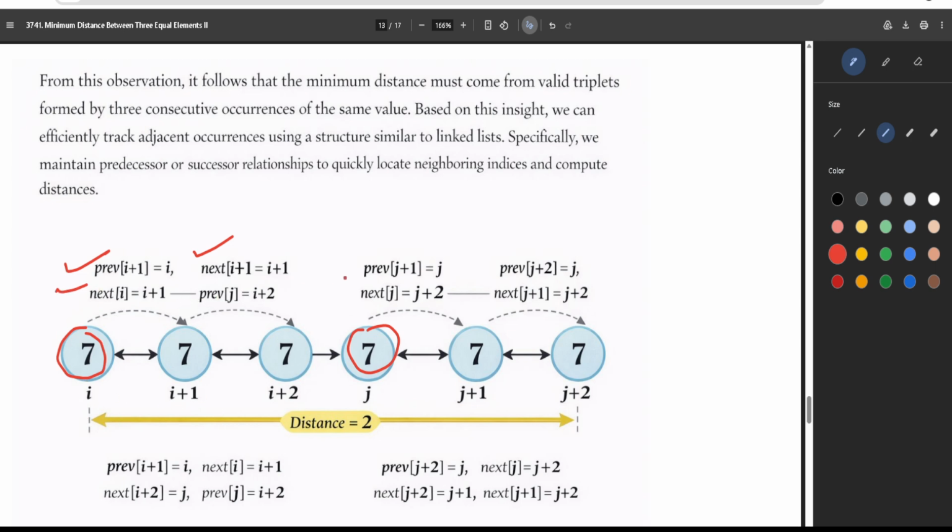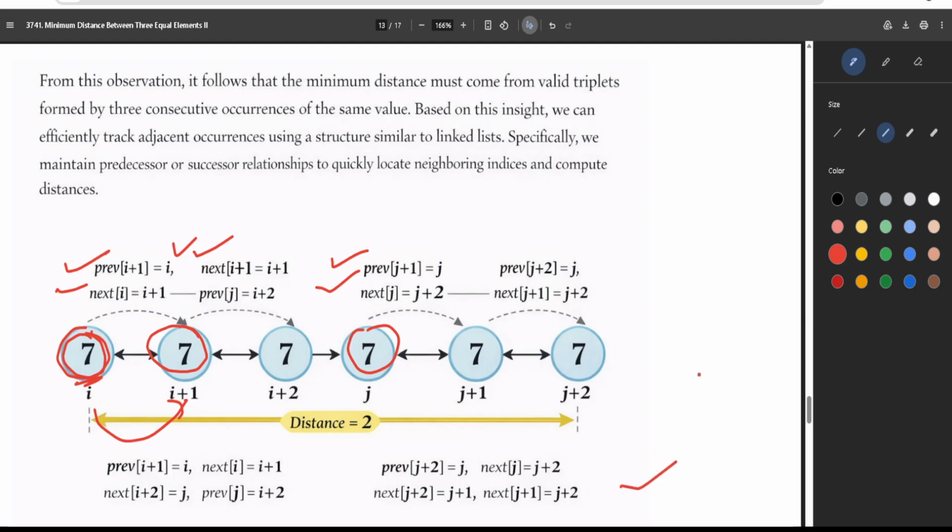We will calculate the previous and next, because for this I we don't have any previous, but for this one the previous is I, and for this I the next is I plus 1. Like that we will calculate the previous and next for all.